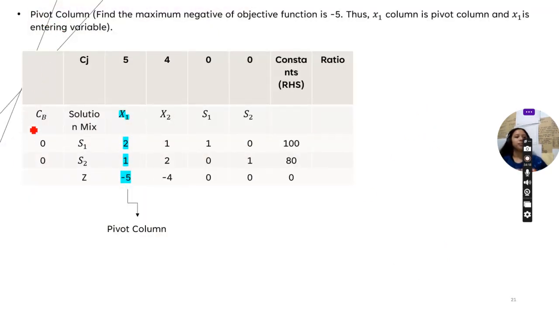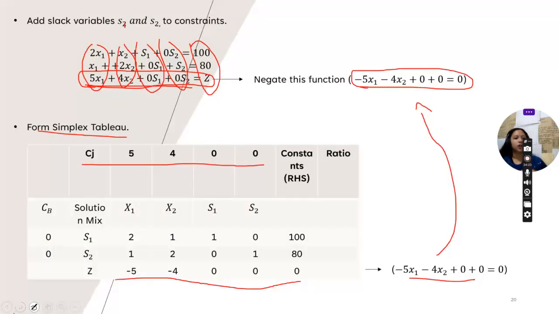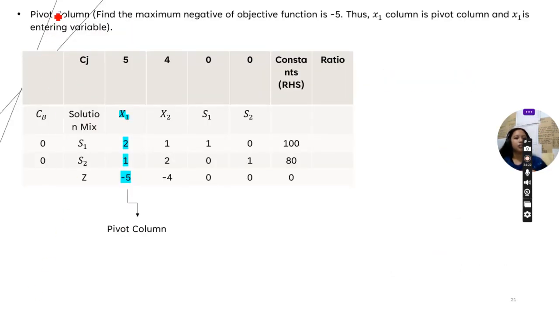Then the third step is the pivot column. To find the pivot column, find the maximum negative of the objective function. This is the objective function, and our maximum negative is negative 5.